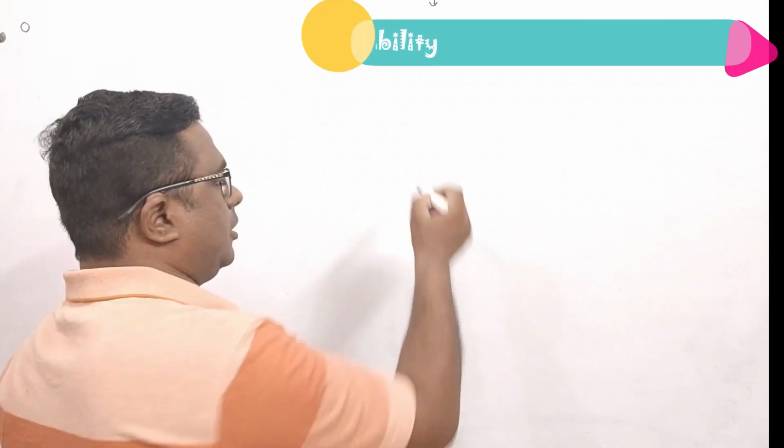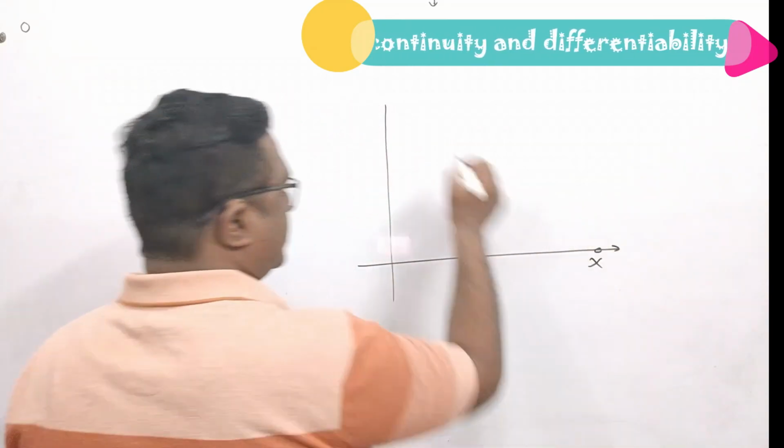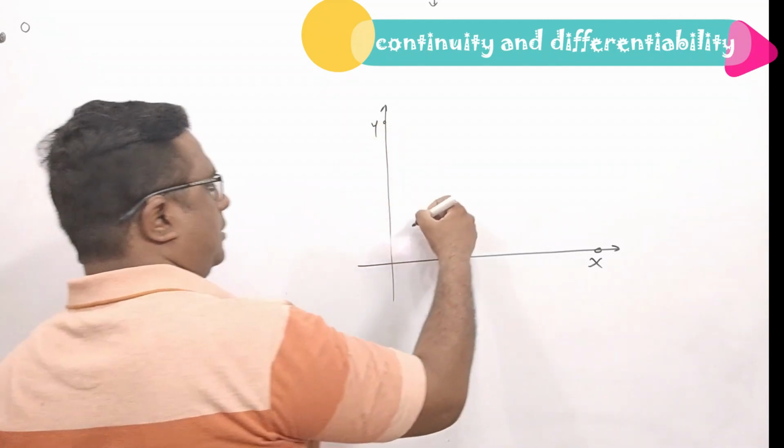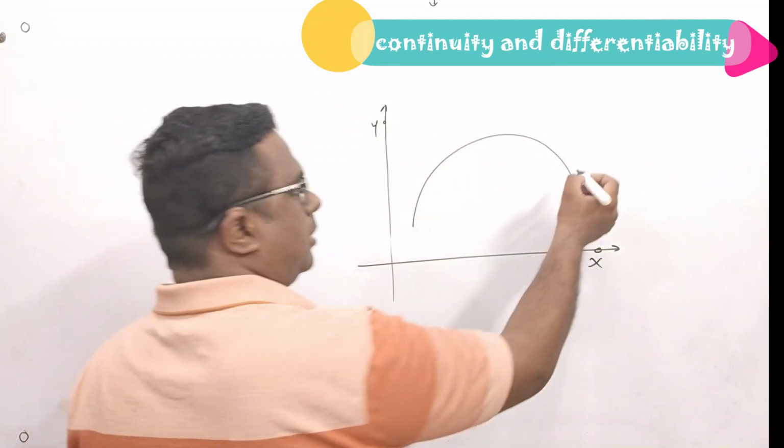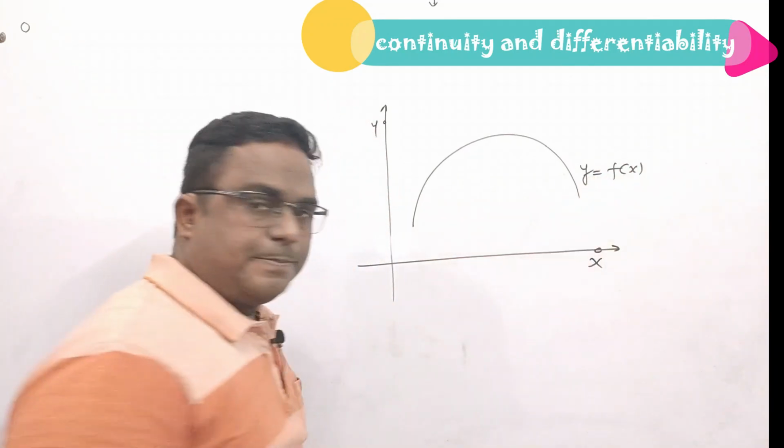Now students, we will understand the meaning of continuity and differentiability. To understand continuity, let us consider one example. In this example, I have drawn a graph for some general function y is equal to f(x).